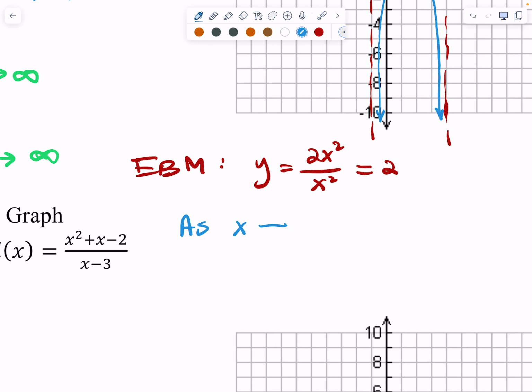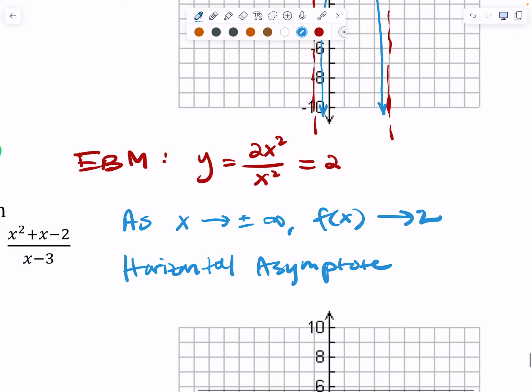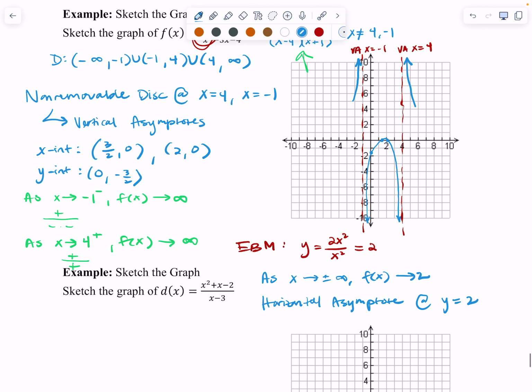So as x approaches positive or negative infinity, f of x is approaching 2, which means there's the horizontal asymptote at y equals 2.